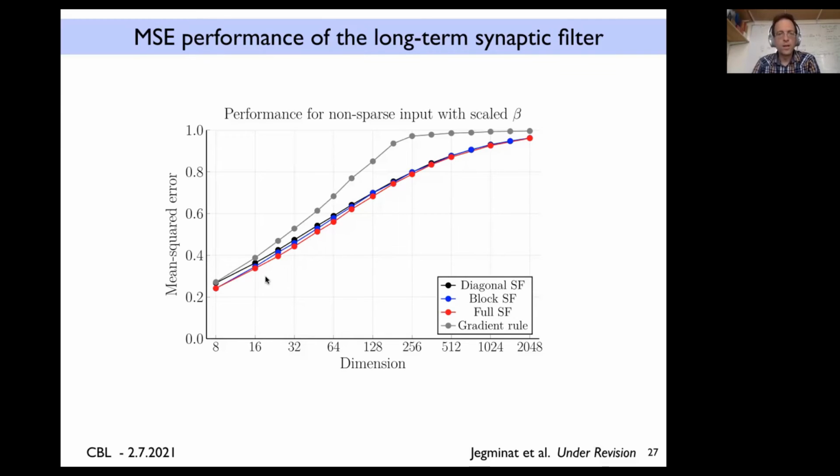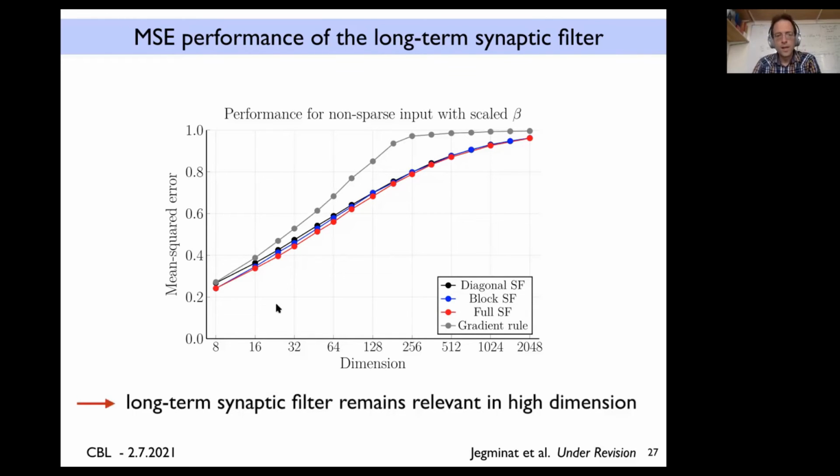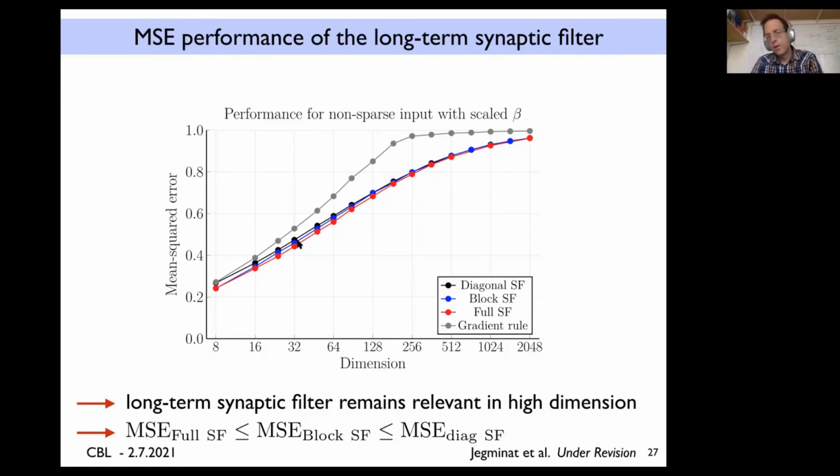So in gray, you have the gradient rule, so higher is worse, right? You have a high error. And here I'm comparing the three different versions: the diagonal, the block, and the full synaptic filter. As you can see, the long-term synaptic filter remains relevant even in high dimensions, right? And the mean squared error for the full is better than the block, which is better than the diagonal. Here the difference is small, but for other parameter sets, this difference can be larger. But it always goes in this direction.